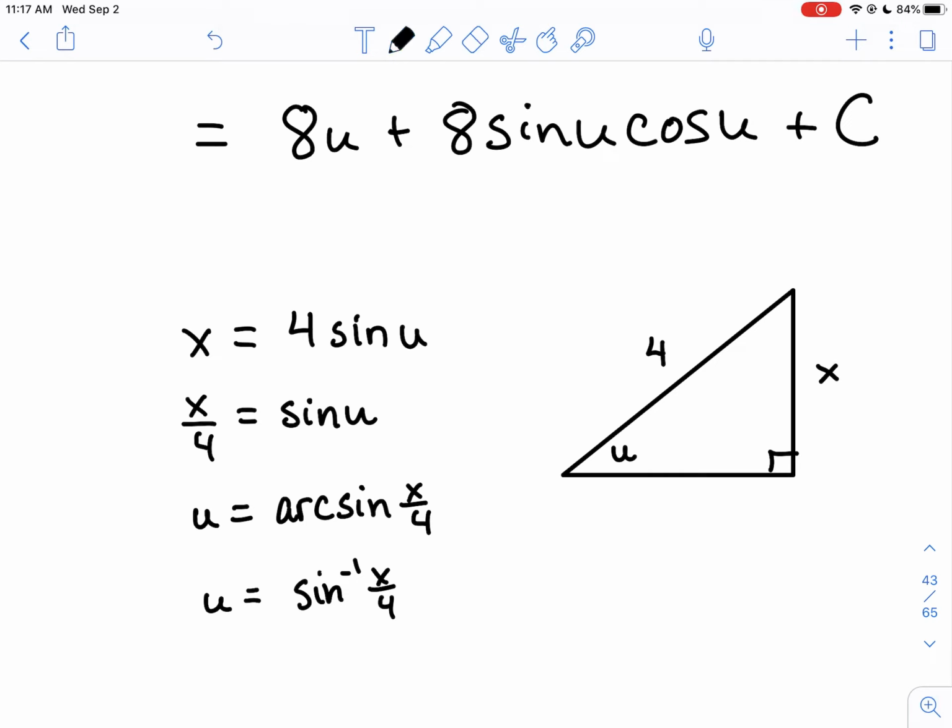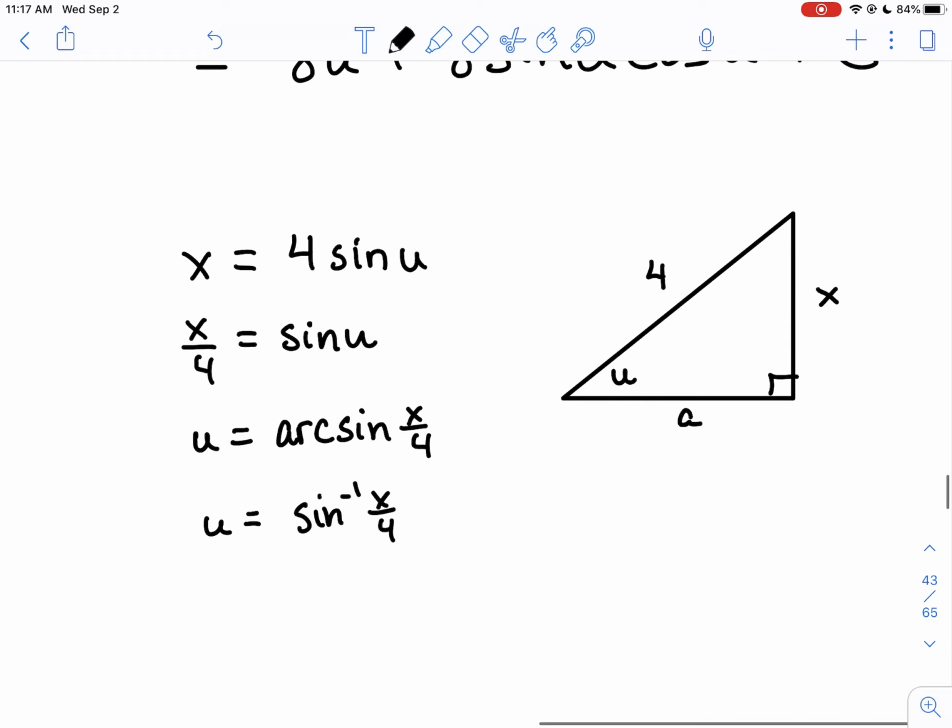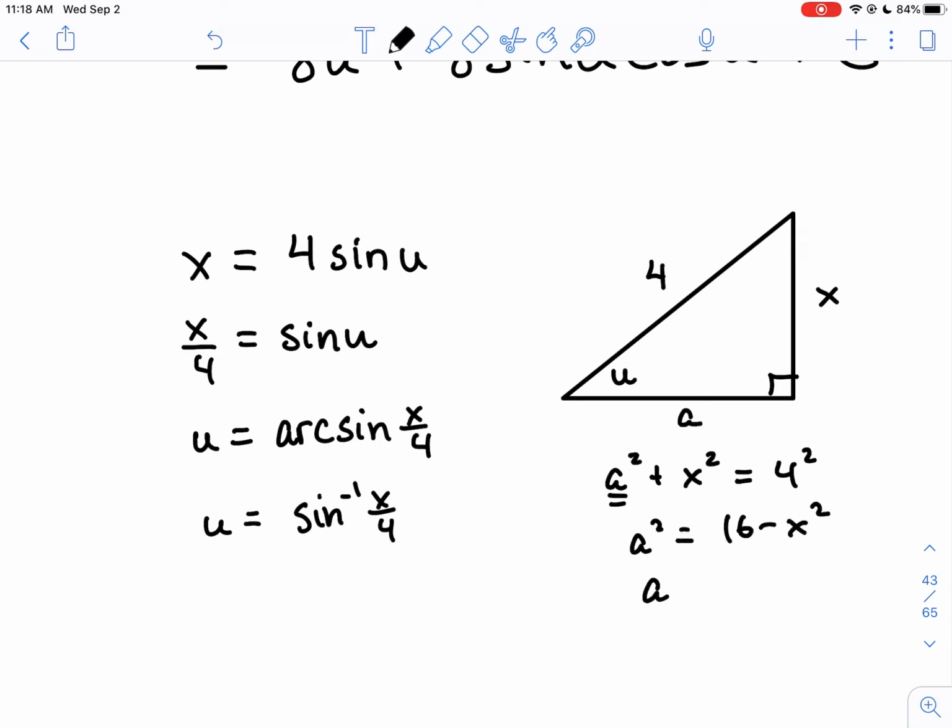I can use Pythagorean theorem next to get the missing side. Right? You can call this a for a moment. Okay, so we know that a squared equals hypotenuse squared. Now keep in mind I'm trying to solve for a, so I'm going to say a squared is equal to 16 minus x squared, and then take a square root.